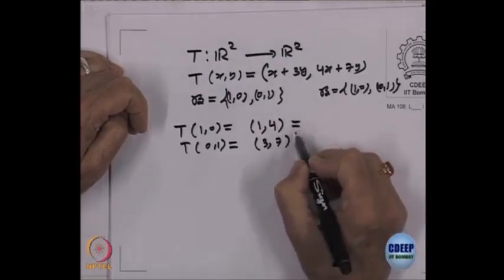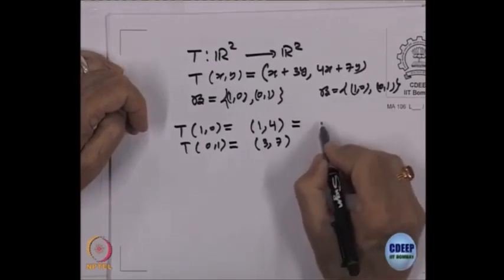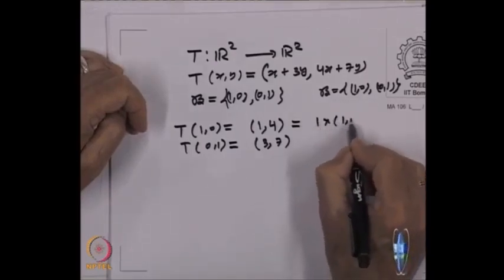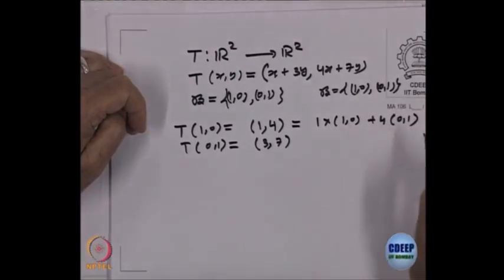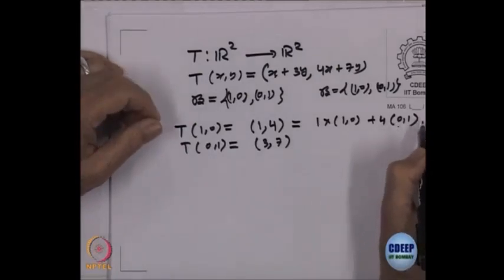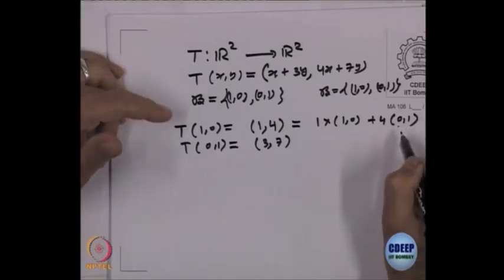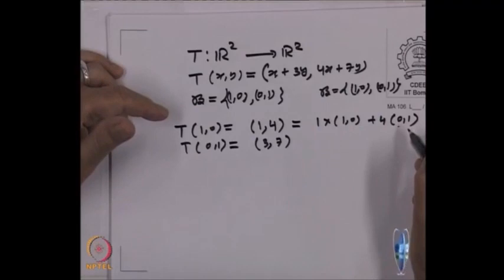So, I should write this as a linear combination of the basis elements. That is simply 1 times (1, 0) plus 4 times (0, 1). This has become simpler because I have taken the standard basis. Otherwise, I had to write alpha times this plus beta times that, solve those two equations and find values of alpha and beta. That will involve solving a system of equations.